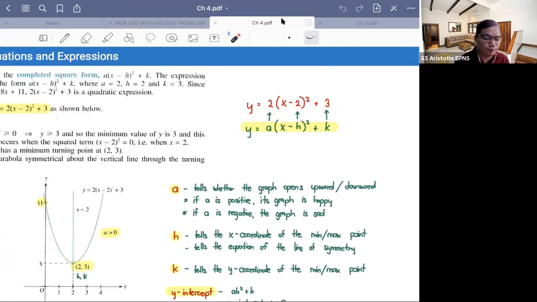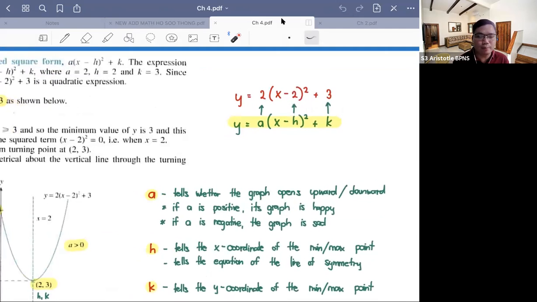Okay. So how do we break down the parts? So this number here is your a. Okay, that's your a. And then this number here is your h. And then this number here is your k. Those are the three numbers that you need to identify. Okay, that you need to look for in a completed square form.